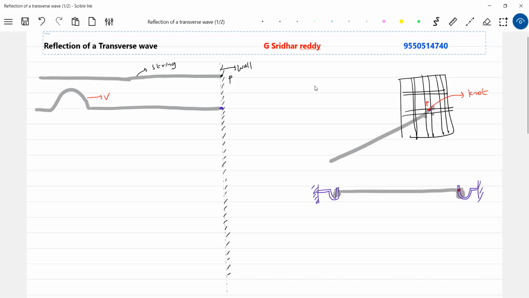This is a string, not very tightly put. Will it move up and down? No, no. This will be fixed. These 2 points will be fixed.